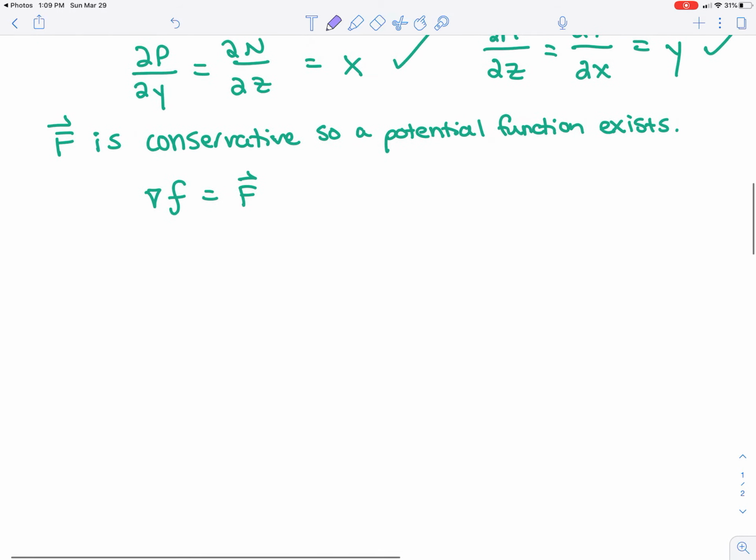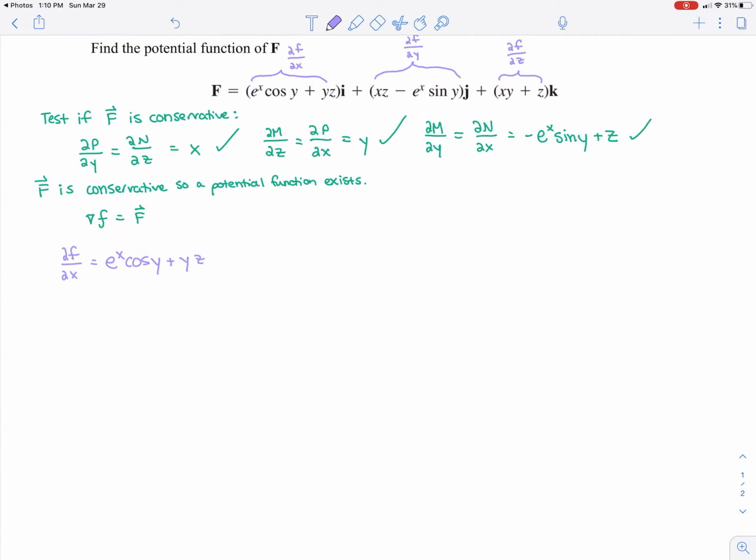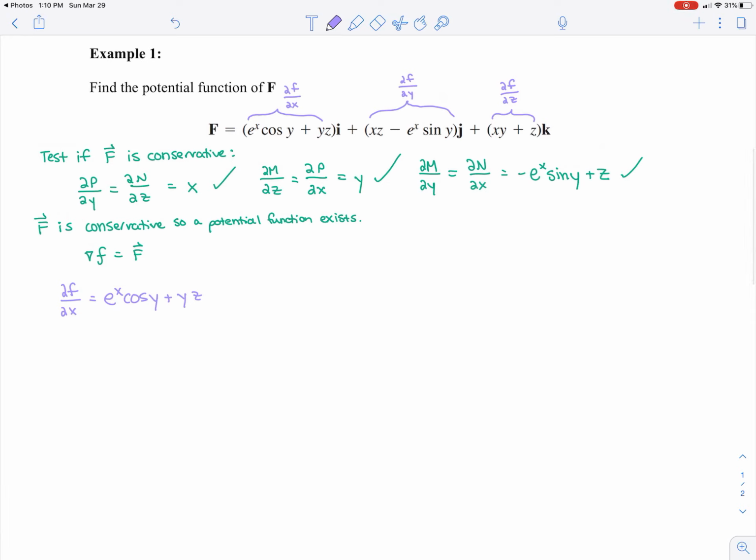We'll just start with df dx, which must be equal to e to the x cosine y plus yz. So if that's what the derivative of f with respect to x is, now we can start reconstructing piece by piece what the full potential function is.